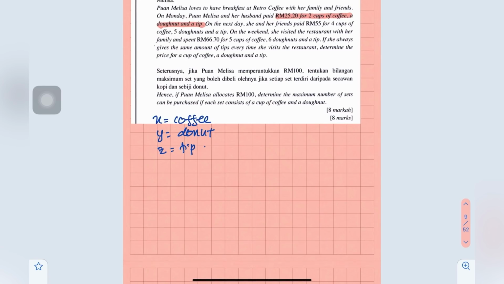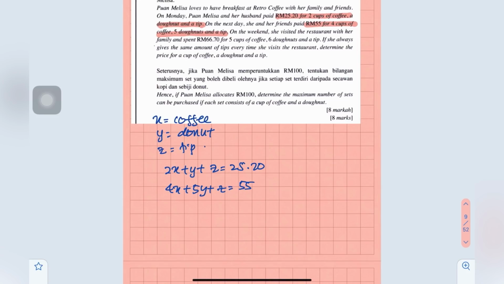Okay, so maksudnya kamu ada 2x plus y plus z, okay, equals to RM25.20. Okay, yang the second one, dia kata 4 cups coffee, 5 donut, a tip. So, maksudnya ada 4x plus 5y plus z, okay, equals to RM55.